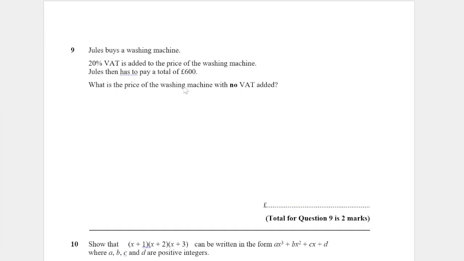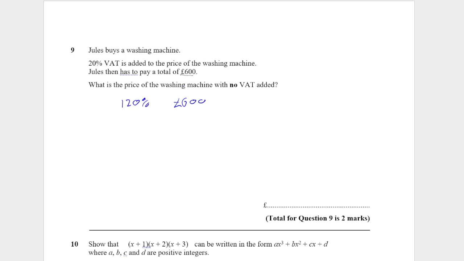Okay, Jules buys a washing machine. 20% VAT is added to the price of the washing machine. Jules has to pay a total of £600. What is the price of the washing machine with no VAT? So technically speaking, this £600 is 100% plus the 20% VAT, so it's 120%.